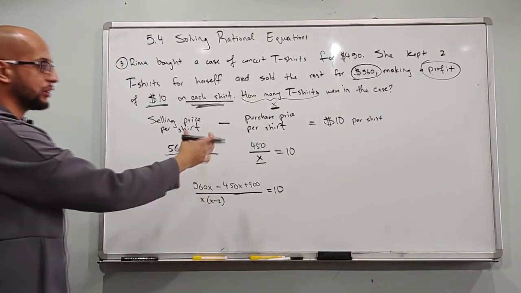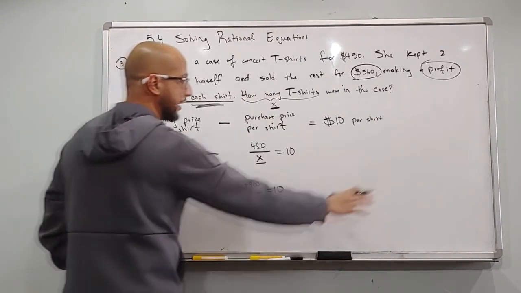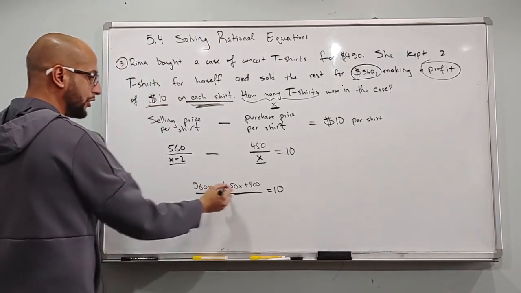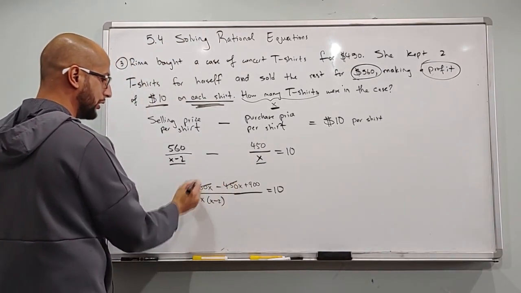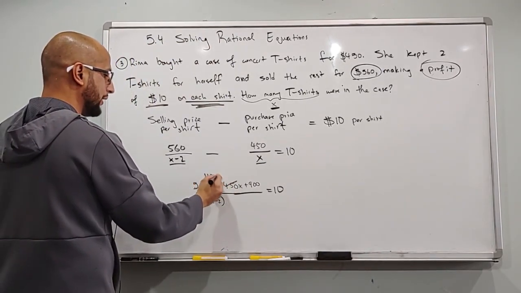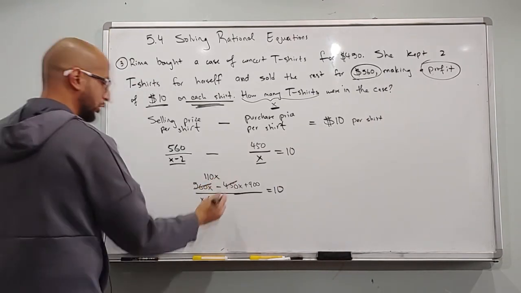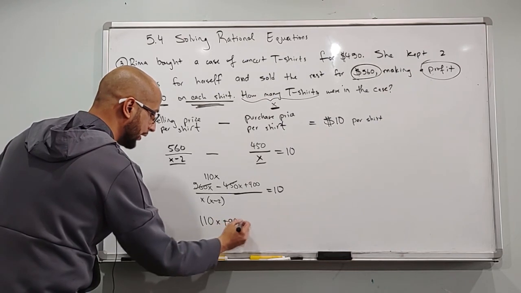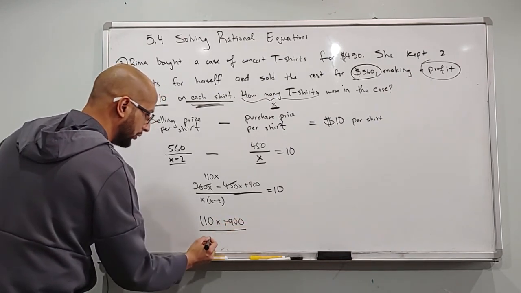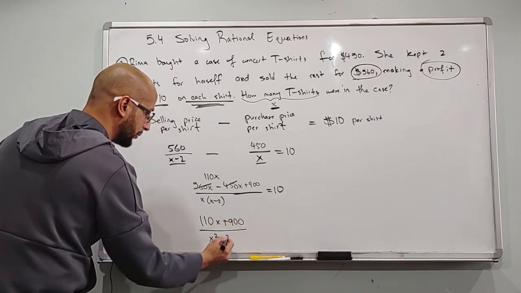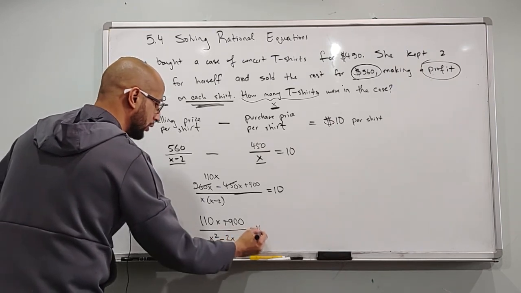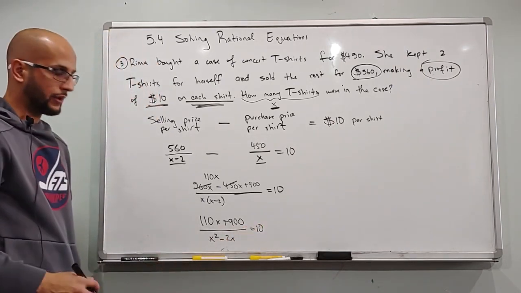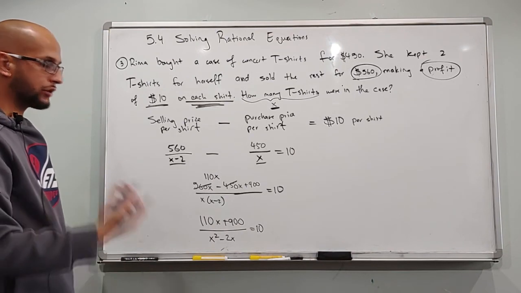Obviously, I'm running out of space, so I'm going to do one more line, and then I'll continue here. So 560 minus 450 is going to be 110X. So I have 110X plus 900 over x squared minus 2x is equal to 10. Now I can go through and start solving.